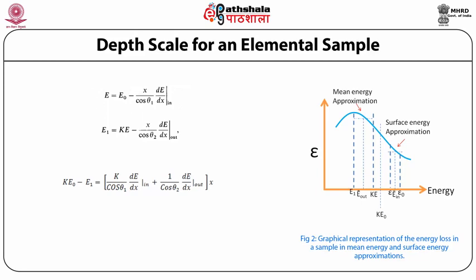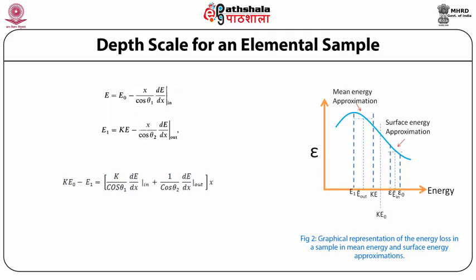Mathematical formulations of the energy loss factor are represented as S, or the stopping cross section epsilon, if one assumes a constant value for dE/dx along the inward and outward paths.